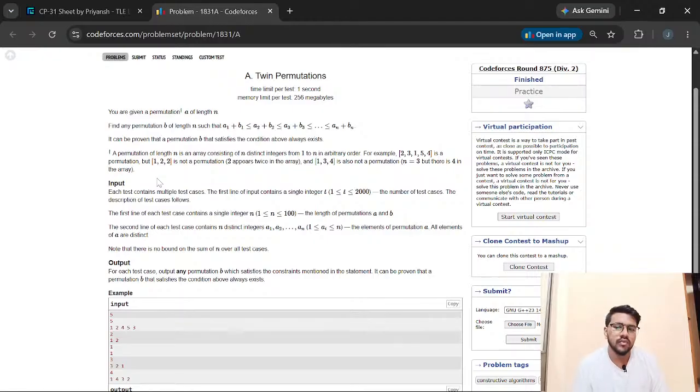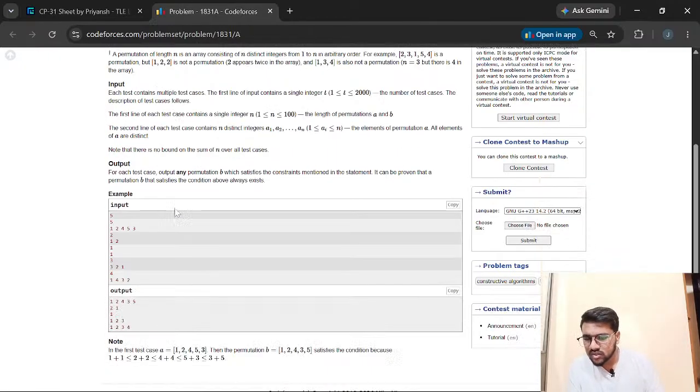For example, 2, 3, 5, 4 is not valid as it is, but 1 to 2 is not a permutation either. Okay, if we sort it, that's it, right?